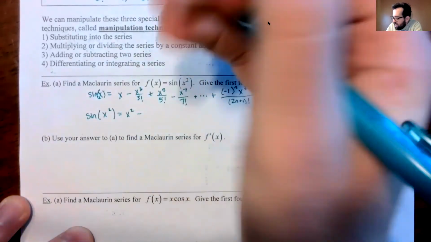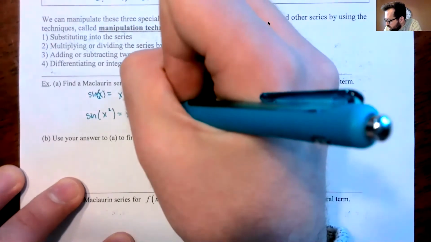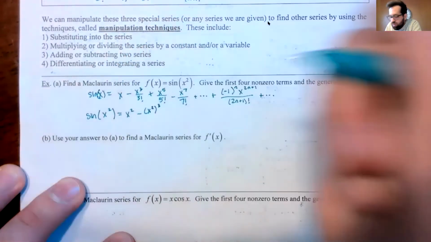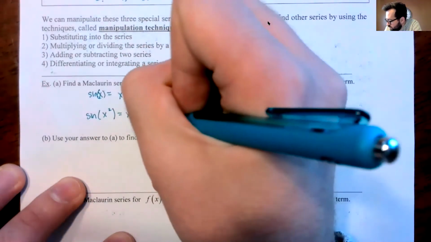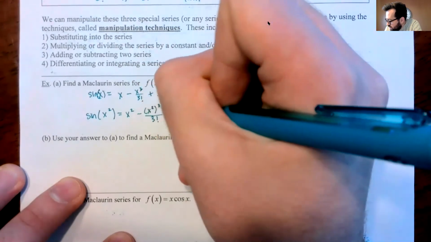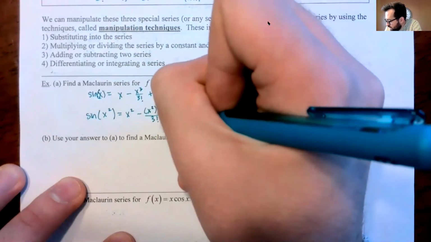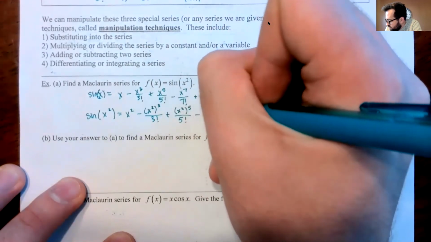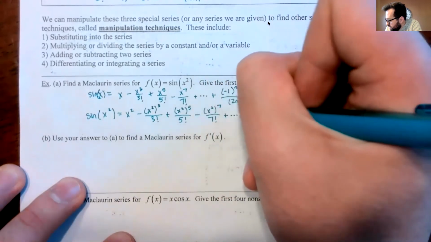So think about that x is becoming x squared. Since this is the first time we're doing this, I'm going to write it out twice. So we're going to have x squared replacing the x, and then that gets cubed. Everything else just kind of falls into place around this, but every x I'm replacing with an x squared. Including in the general term.